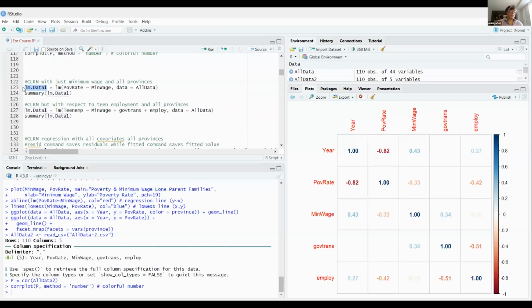And that's equal to lm, which is basically linear model. So you say lm, open brackets, poverty rate, which is your dependent variable, and what is the effect of the minimum wage? And I'm also telling R the data is from this data sheet.